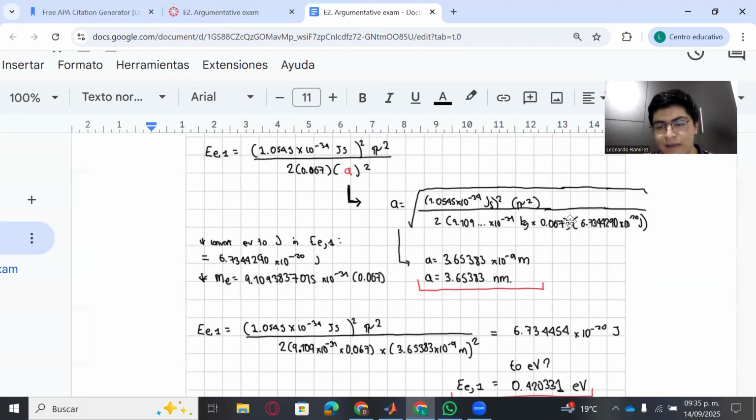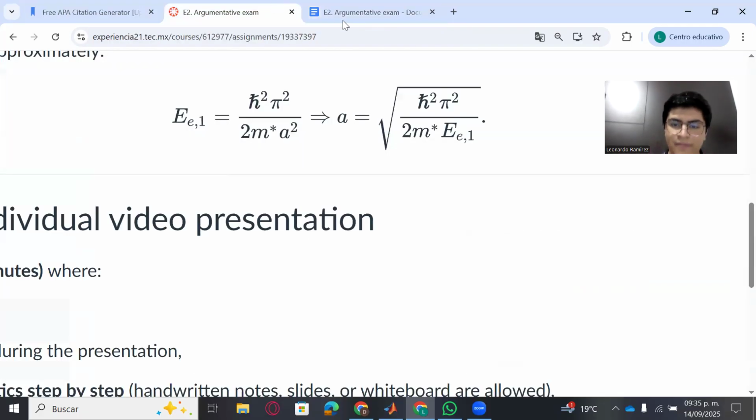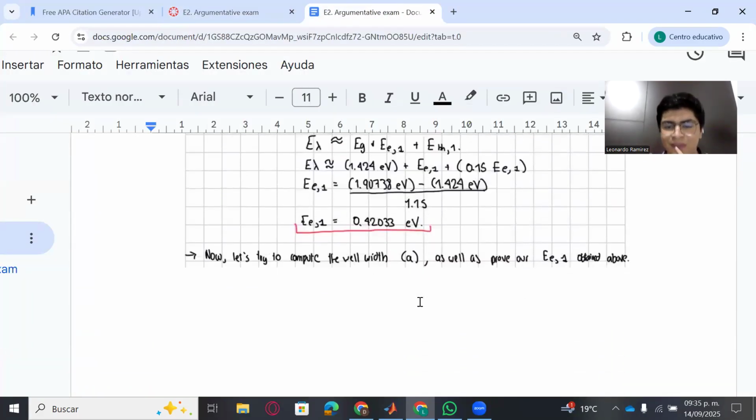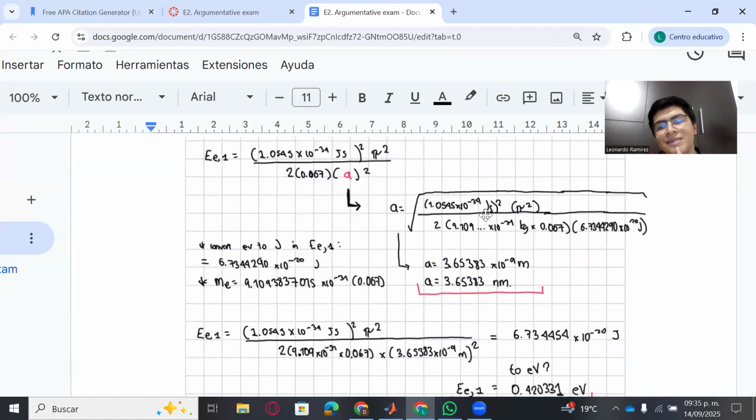Here we also have an important thing to mention: this energy level value we were getting in eV, but so that we can cancel these joules, we have to convert it to joules. So using the value for 1 joule equal to so many eV, we get this and we plug it in right there.